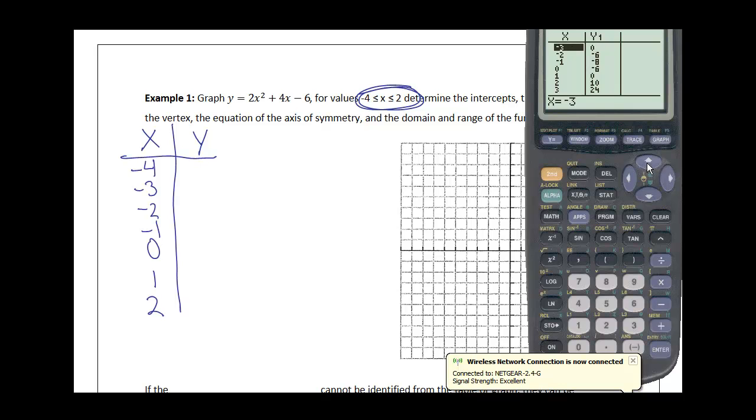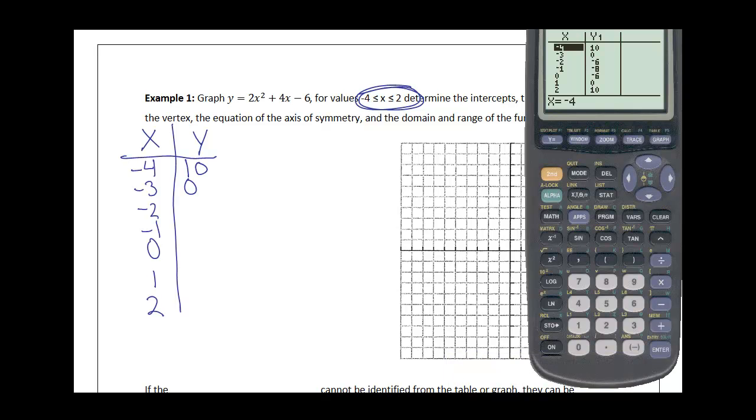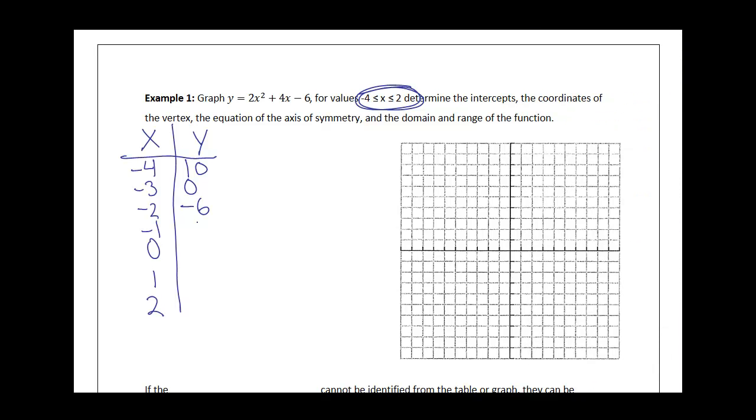Let's look at values from -4 to 2, just like that, and we're going to get 10, 0, -6, -8, -6, 0, and 10 for all the values of x that we have.